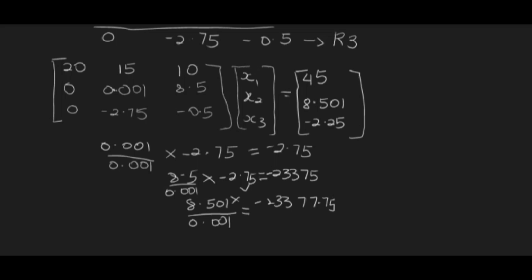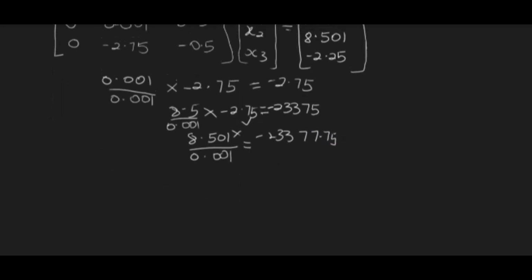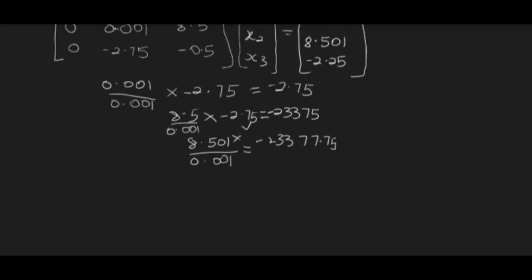So we come back, then we do our subtraction. To do the subtraction, you subtract it from this side, because we made the first entry look like this one, negative 2.75.